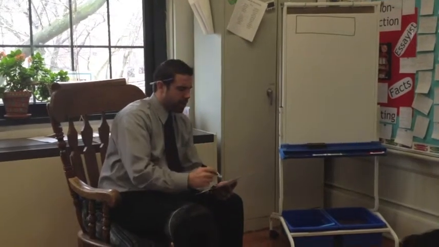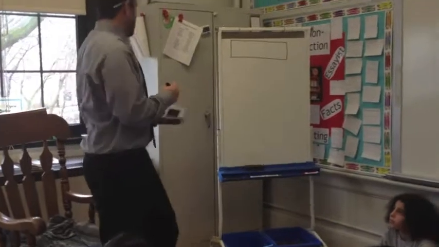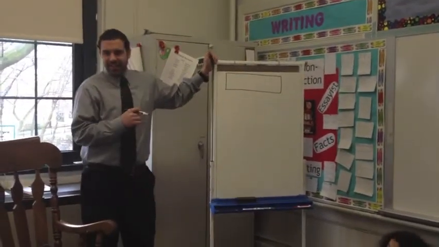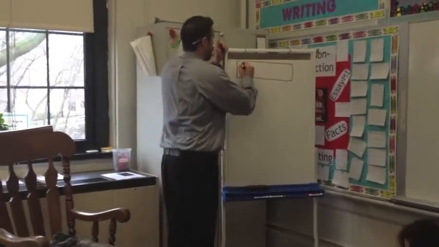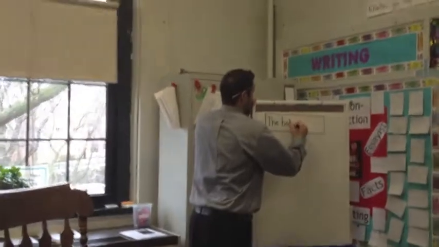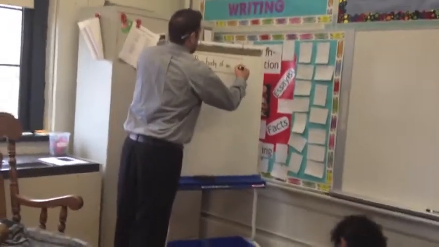And then it tells me all about the body. So I think this paragraph, maybe you agree too, is mainly about the octopus's body? Yes. So let's go ahead and put the body of, and I'm going to make this a little bit bigger, octopus.